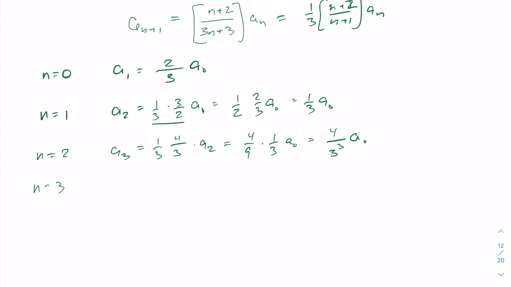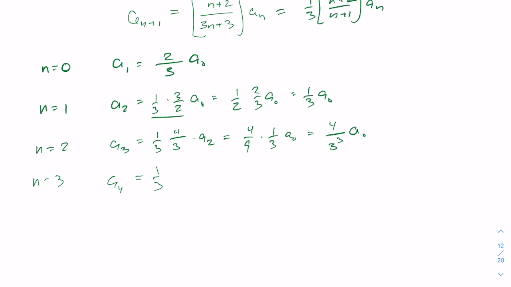When n is equal to 3, I have a sub 4 is equal to 1/3 times 5/4 a sub 3, which is 5, 3 times 4, 4 times 3 to the 4th a naught.